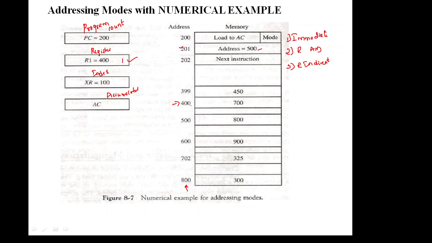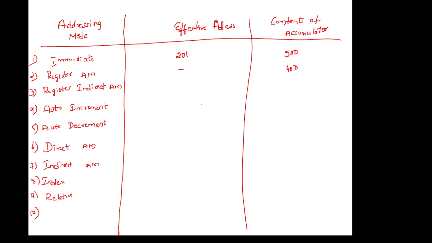In 400 we have 700. This 700 will be the contents of the accumulator, and 400 is the effective address.